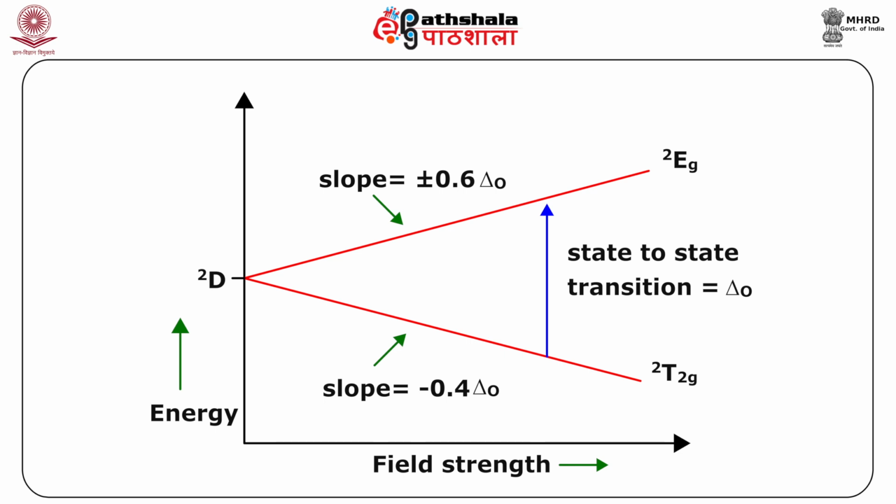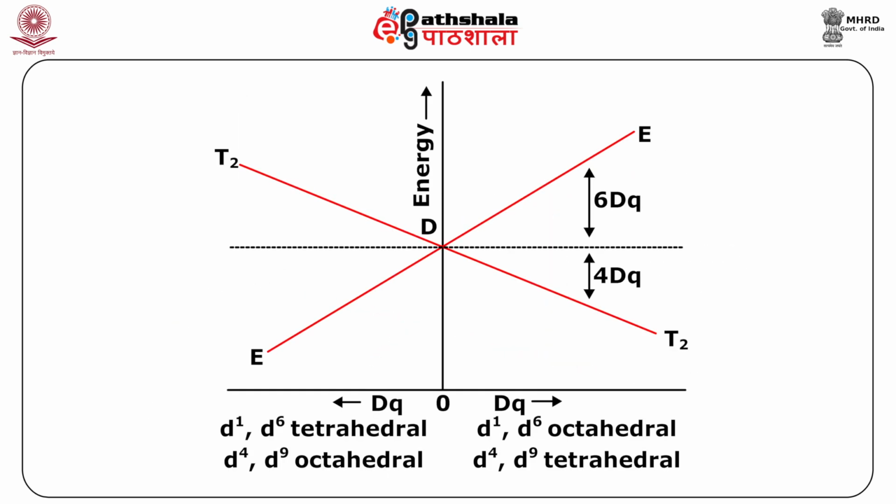The d1 case in an octahedral field is similar to that of d6 octahedral as well as d4 and d9 tetrahedral cases. The entire framework of the configurations is represented by a single Orgel diagram since all of them will have the same ground and excited terms.